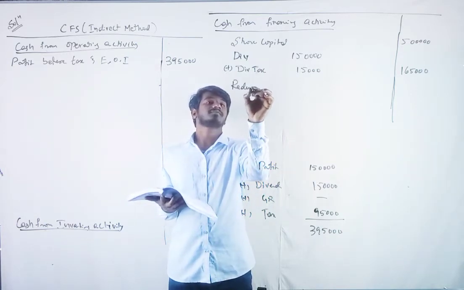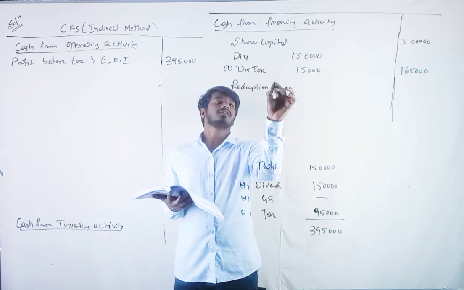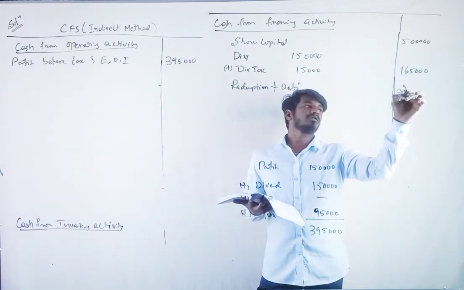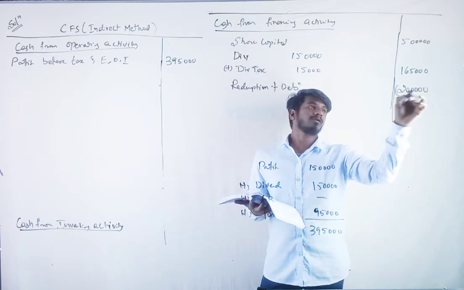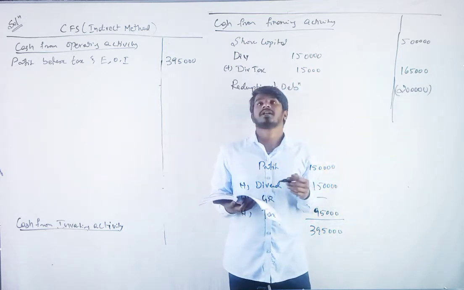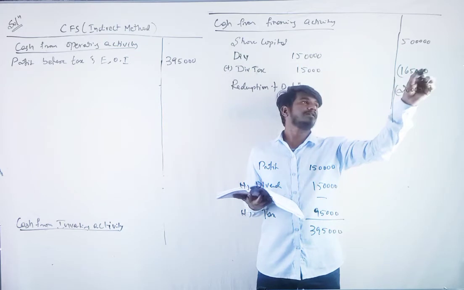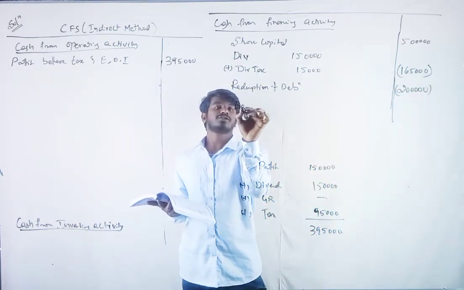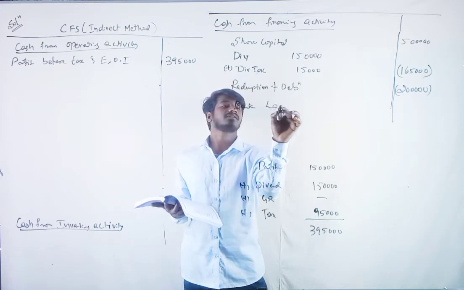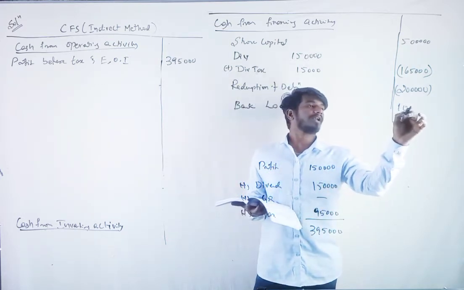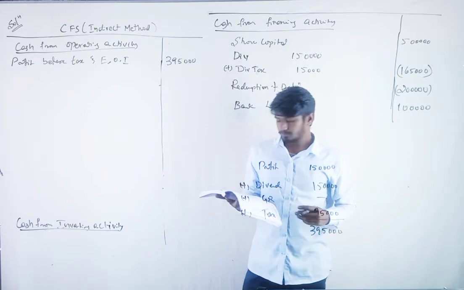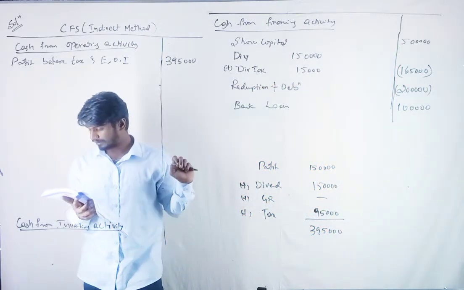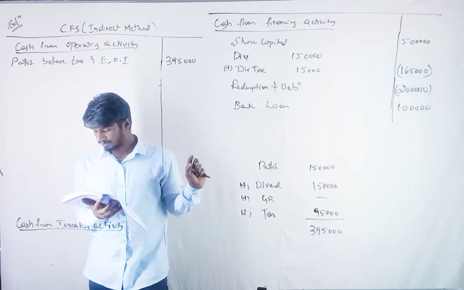Redemption of debenture is 2 lakh, dividend tax paid and dividend paid in the negative. The new bank loan of 1 lakh is positive because cash is coming in. Fine, the long-term borrowings are also done.